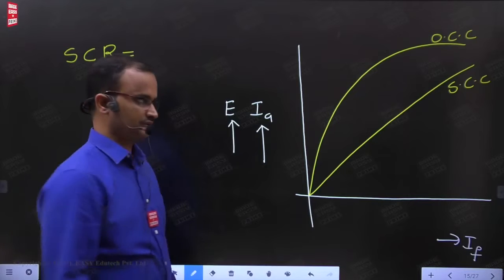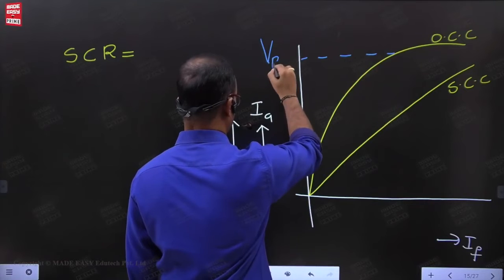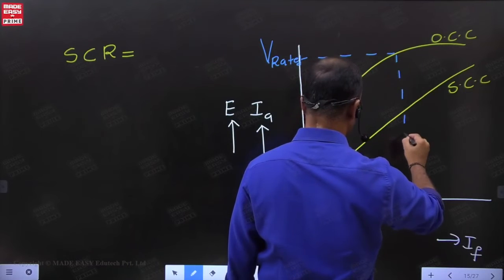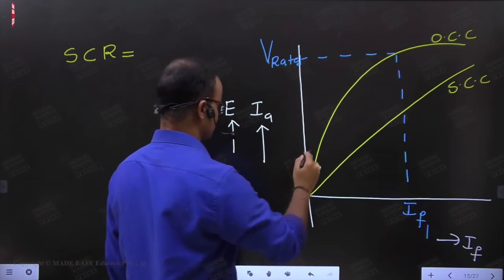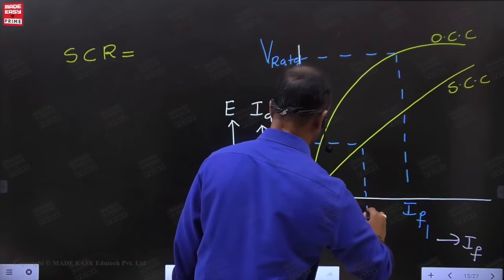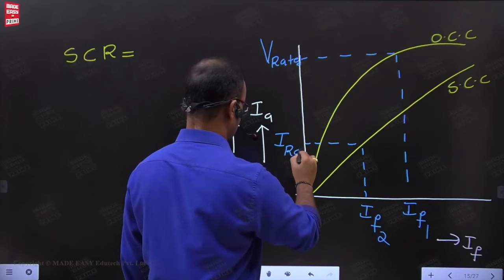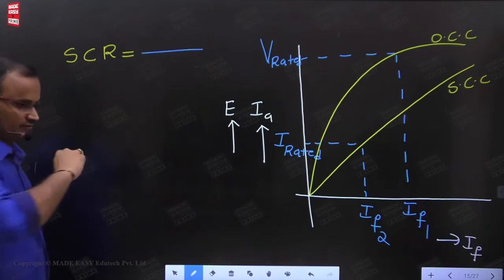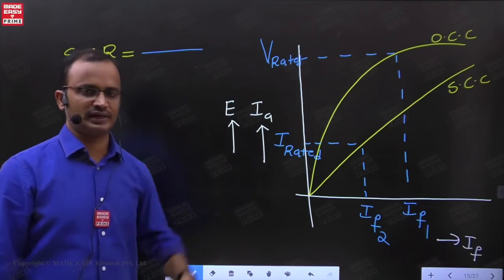To conclude this short circuit ratio, the basic definition is that the numerator indicates the field current required to produce the rated voltage.